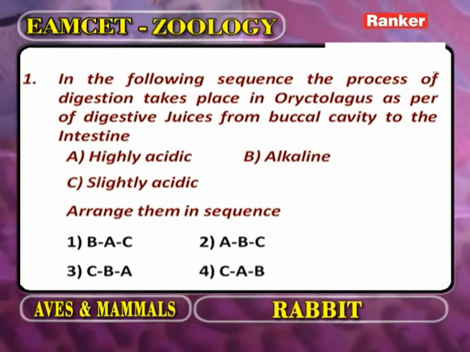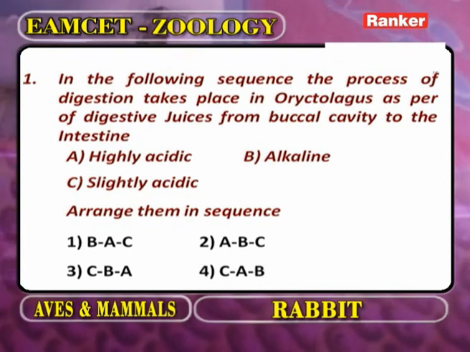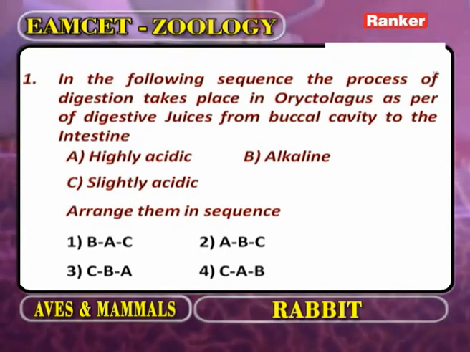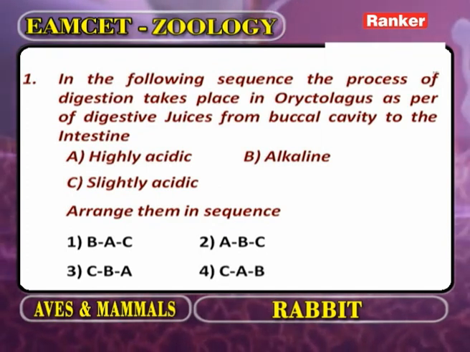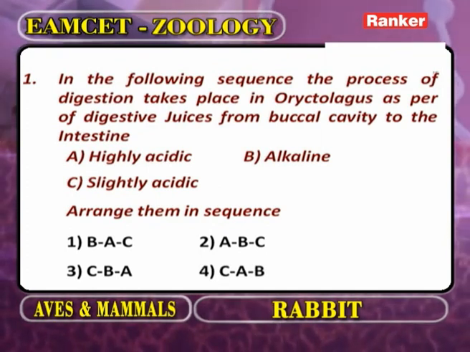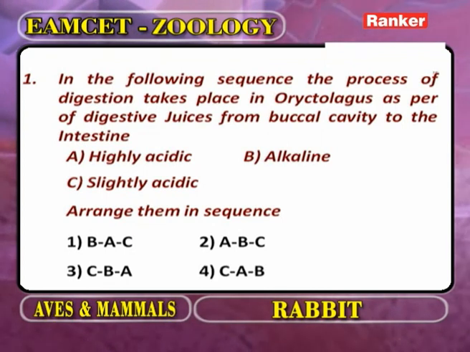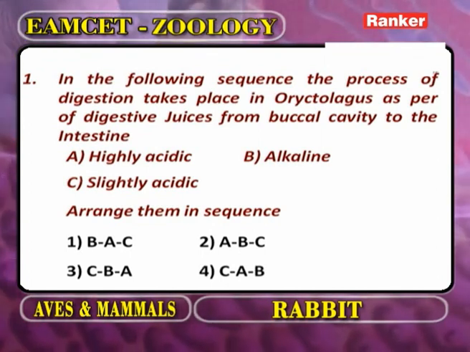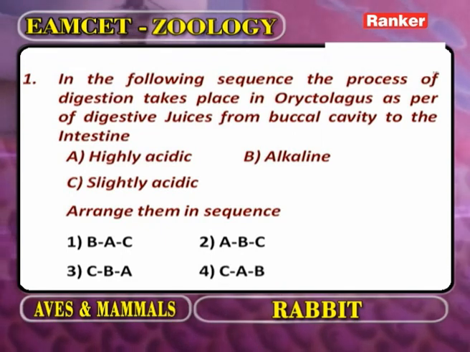What is the genus name of rabbit? Oryctolagus. What is the species name? Cuniculus. Now in the body of rabbit, what is the sequence of process of digestion as per digestive juices from the buccal cavity to the intestine.